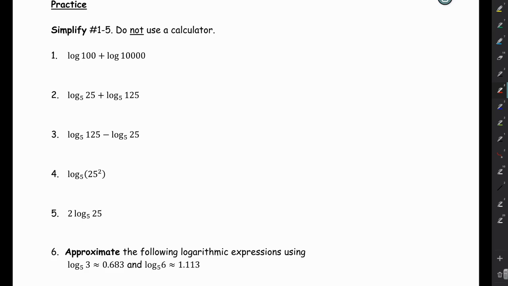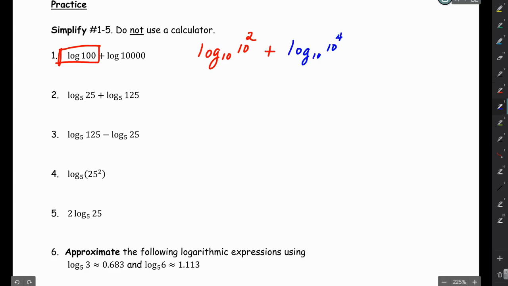All right, well, I'm going to rewrite log of 100 as log base 10 of 10 squared. So that's this part, right? Because log base 10 of 10 is 1. Log base 10 of 10 to the 4th is the same as log of 10,000, all right?